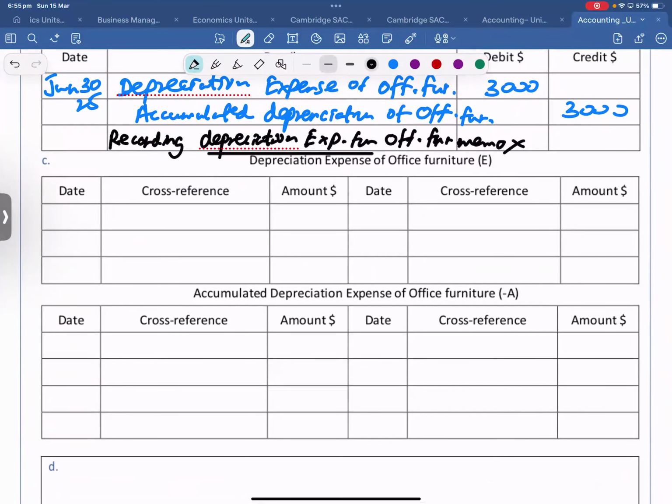Right. What's the double entry, guys? What's the date? June 30th. 3,000. Where is it coming from? Accumulated depreciation.